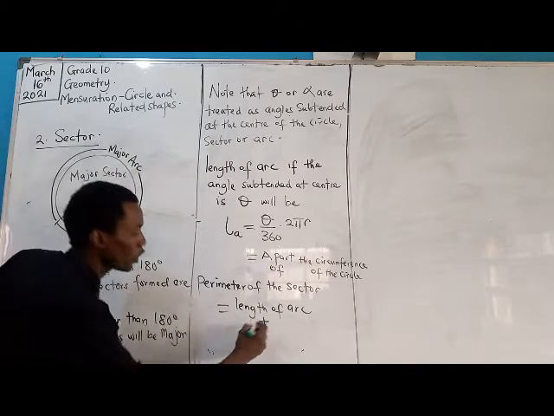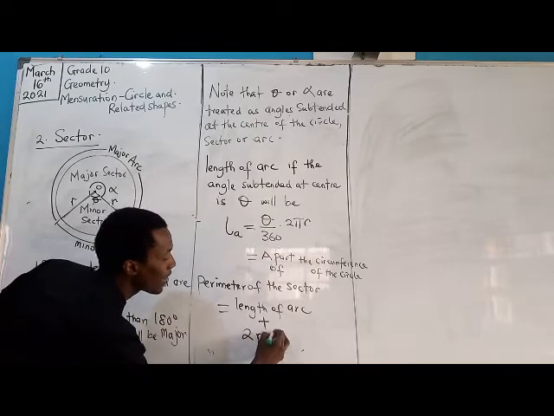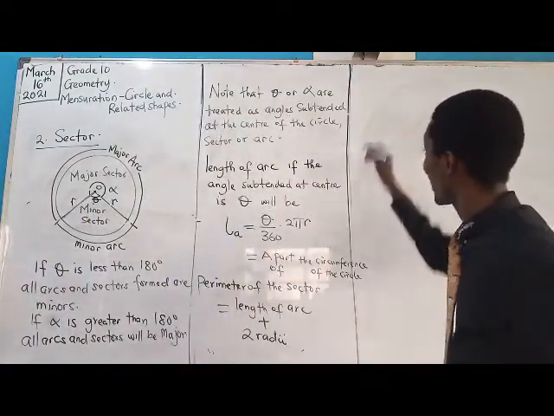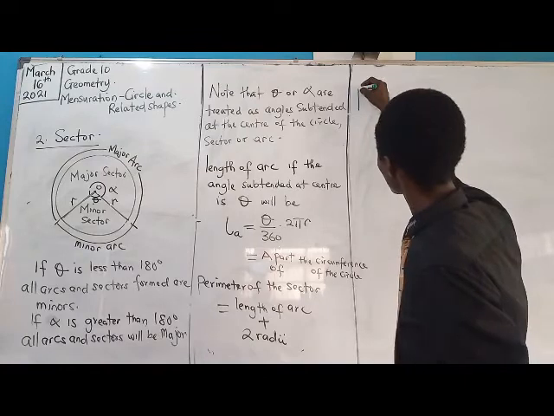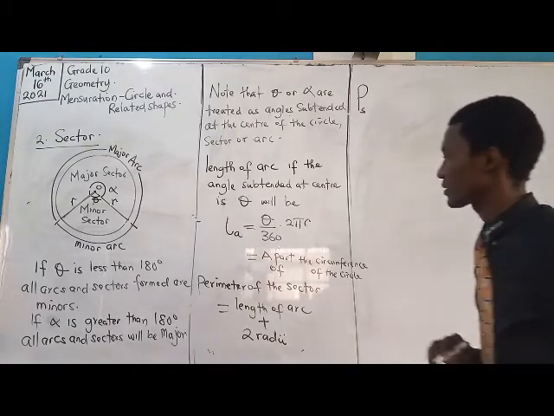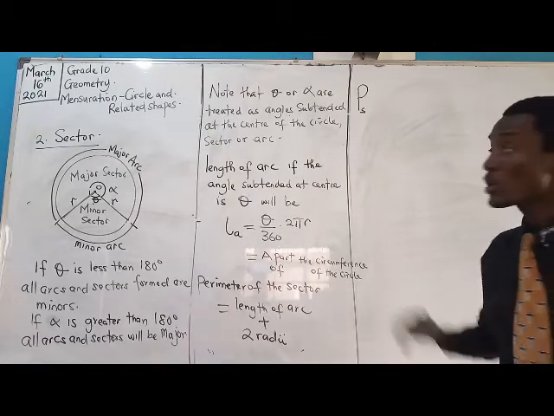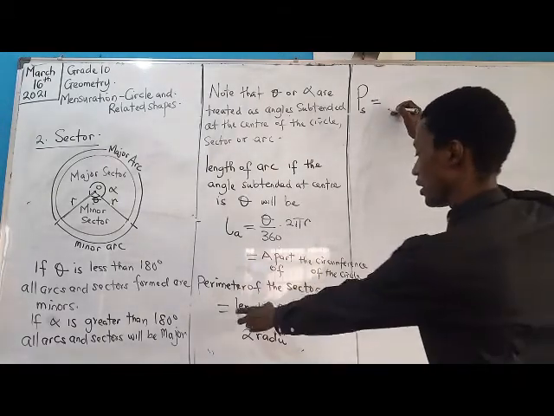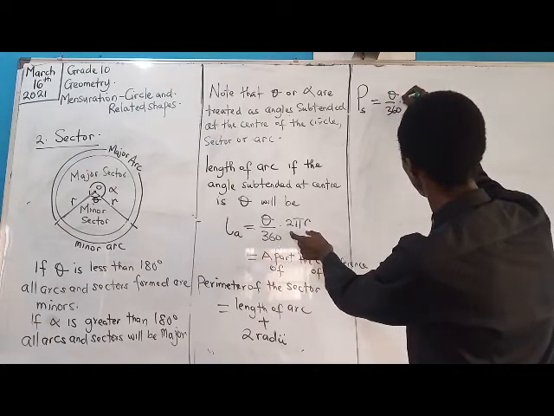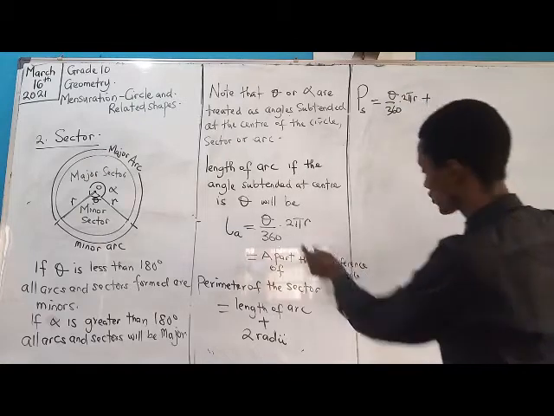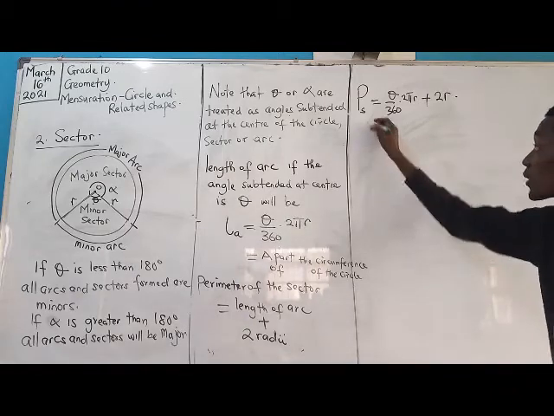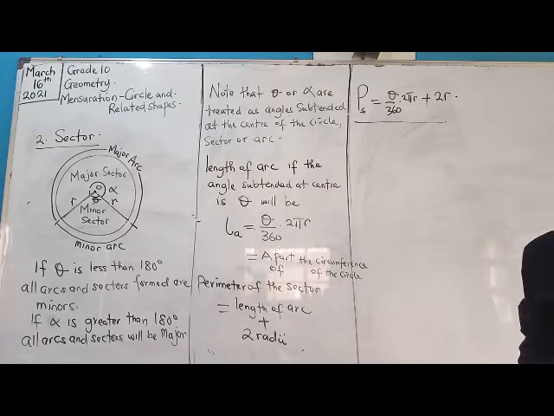So it will be plus 2 radii. Mathematically, the perimeter of a sector, let me call it PS, will be equal to a portion of the circumference plus 2 radii.